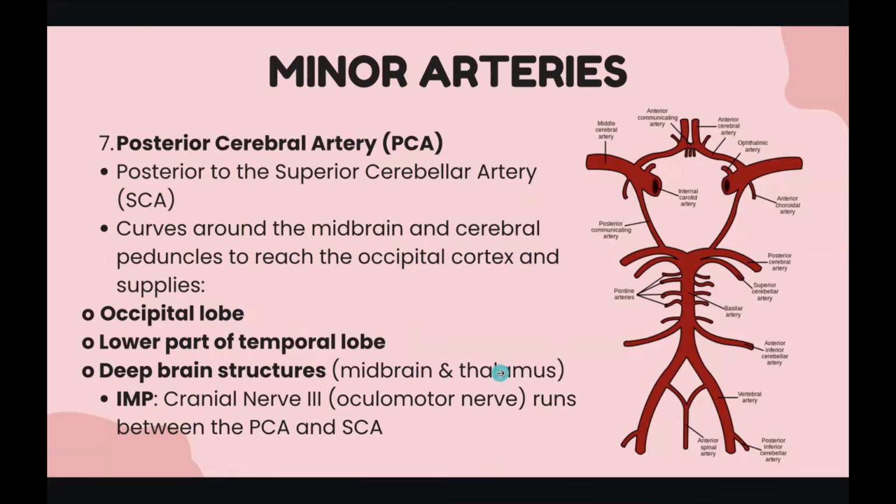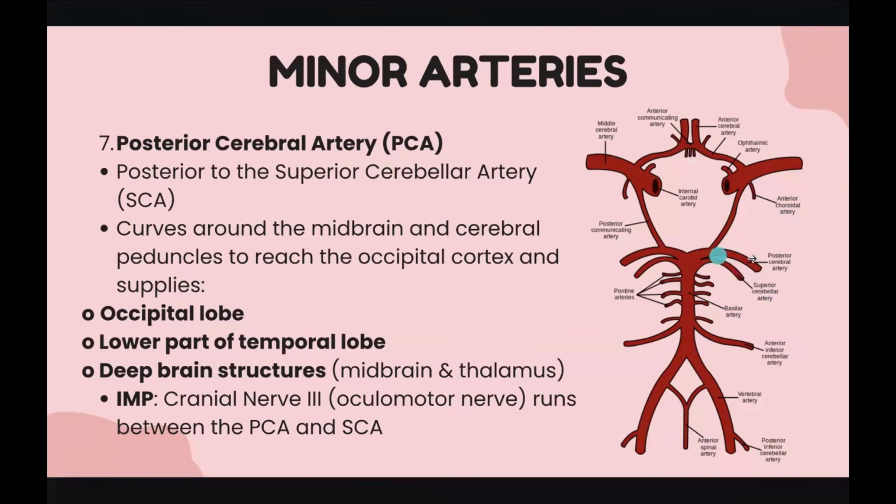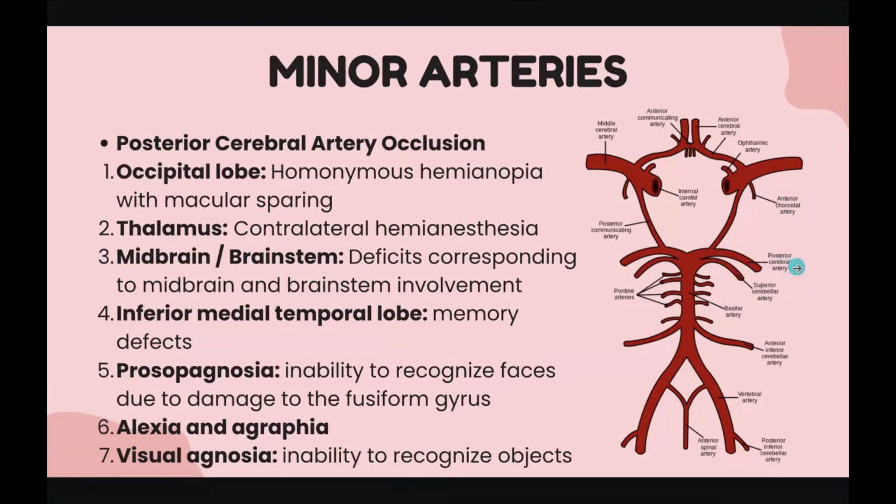It is important to note that cranial nerve 3 runs between the posterior cerebral artery and the superior cerebellar artery, just as depicted here. Just between them runs what? The cranial nerve 3. All right?